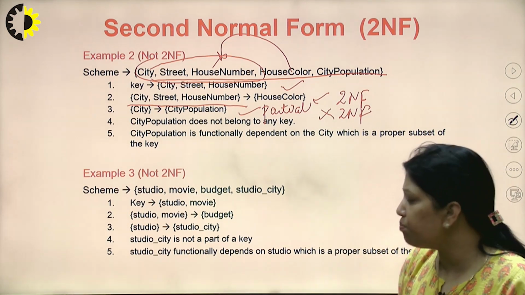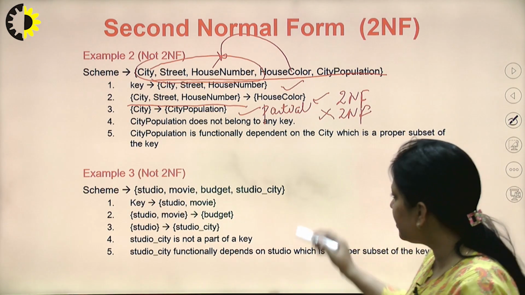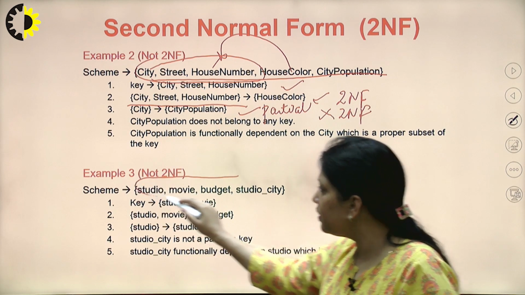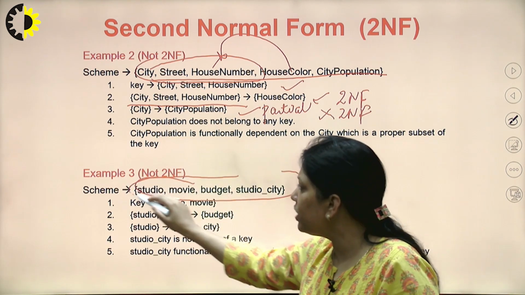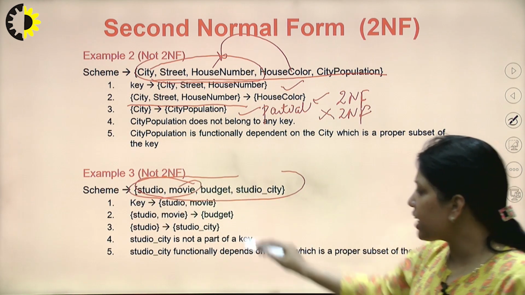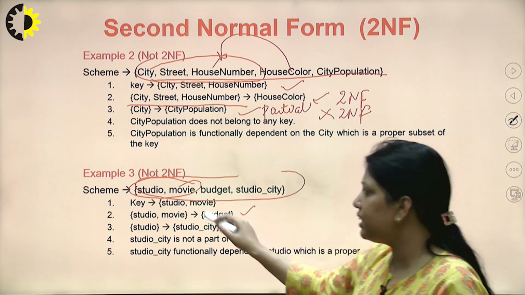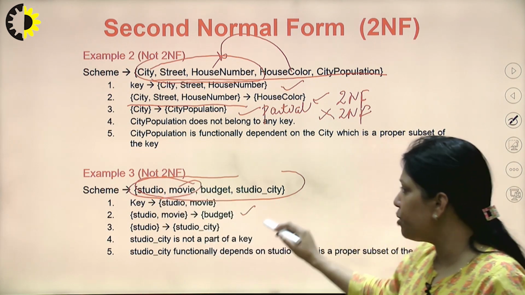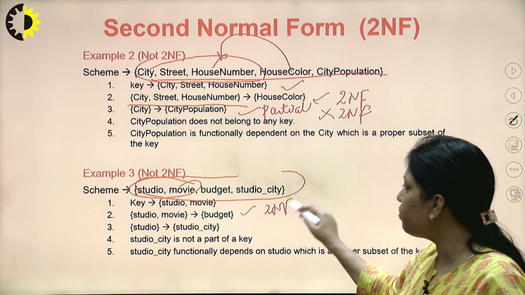There is another example to check for the second normal form. This relation is given to us, and this is given to us as a key. We will check this relation: budget is fully functionally dependent on studio and movie, so this is in second normal form.